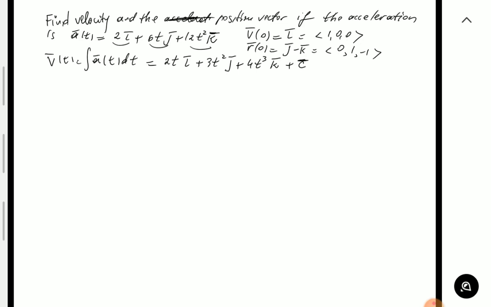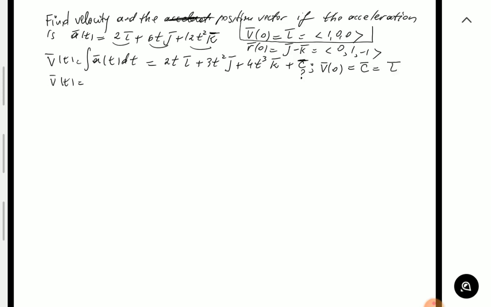That's the difference from calculus 1. How do we find the constant of integration? Well, we plug in 0 for t in order to use the first initial condition. So v of 0, that makes 0 in every component, so v of 0 is just c bar, and that's equal to i.